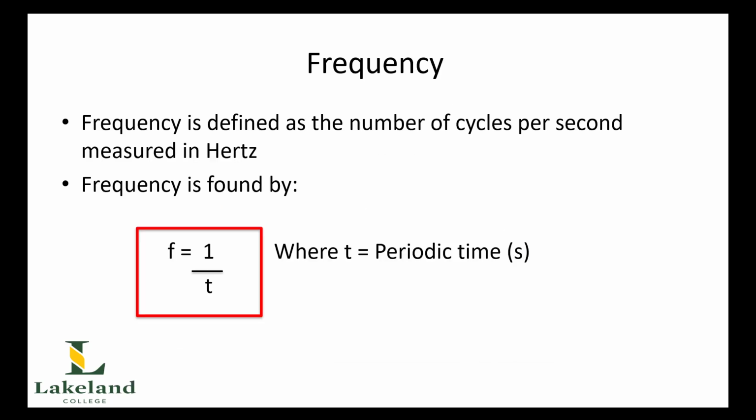All right. So, the first thing that we're interested in then regarding these number of cycles is this concept called frequency. And we've talked about this before. Frequency is simply defined as the number of those cycles that occur in 1 second. And that's measured in hertz.